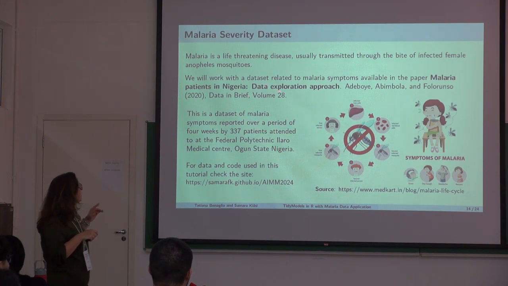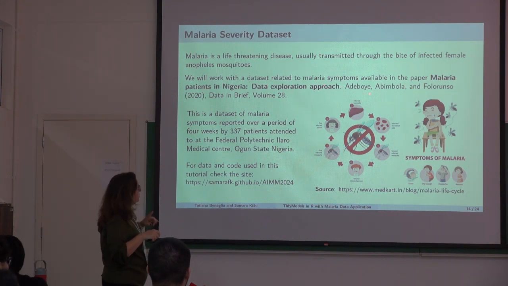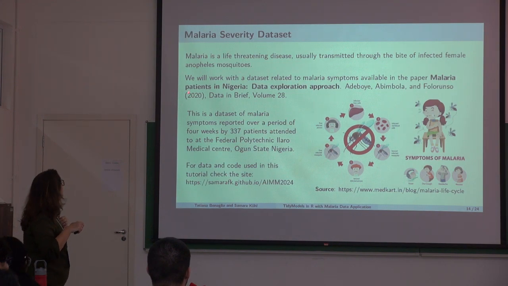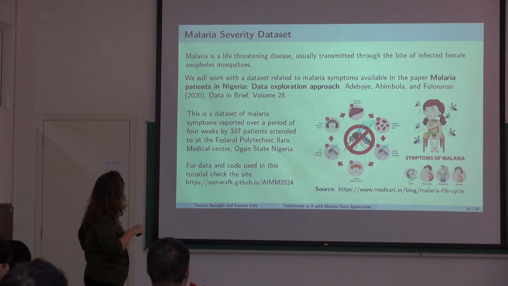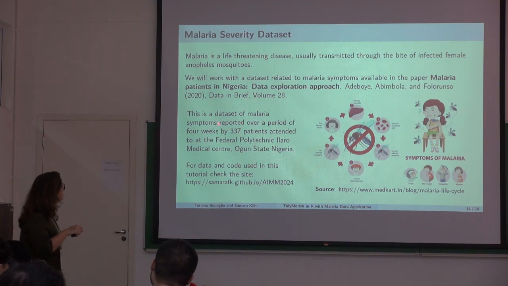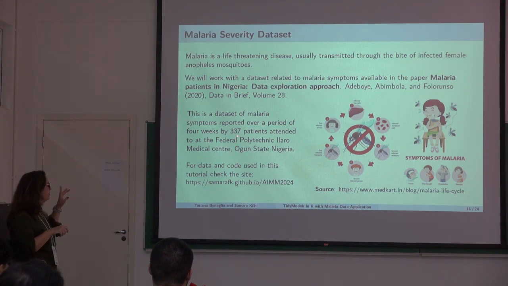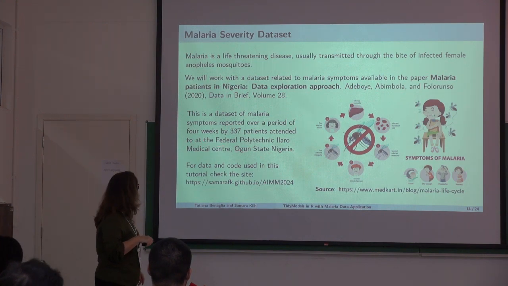And we're working with this data set related to malaria symptoms, available from this paper, Malaria Patients in Nigeria. This data is about malaria symptoms reported over a period of 4 weeks by 337 patients attended to at this medical center in Nigeria.